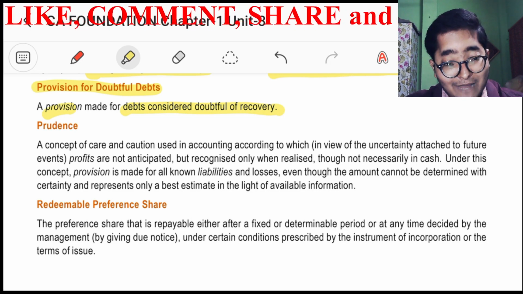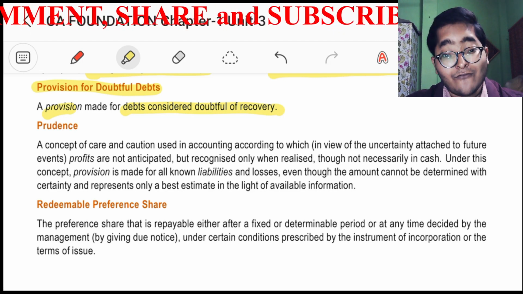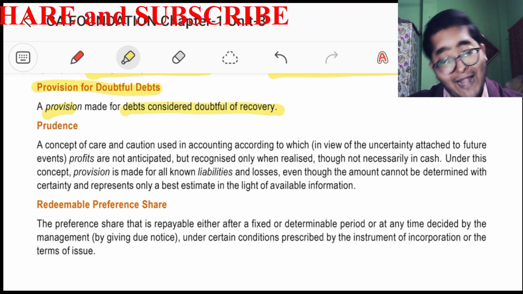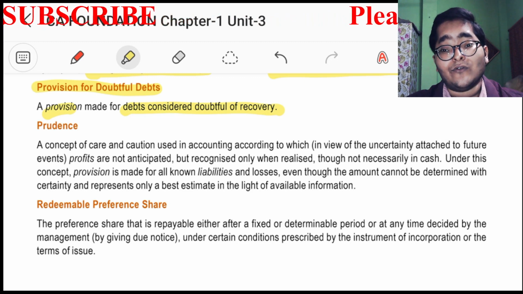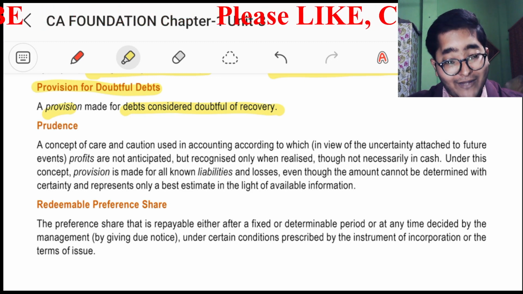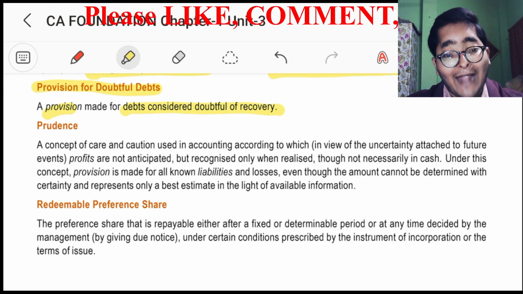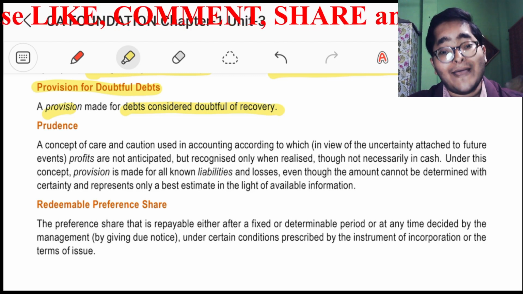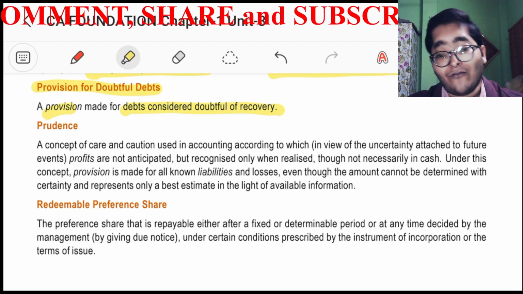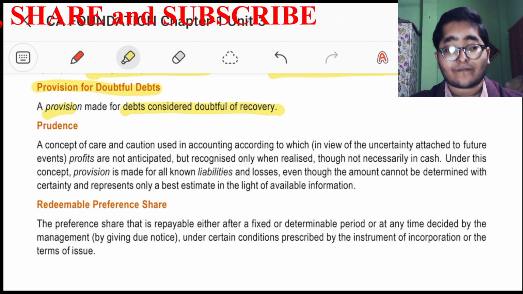Under this concept, provision is made for all known liabilities and losses, even though the amount cannot be determined with certainty and represents only a best estimate in the light of available information.